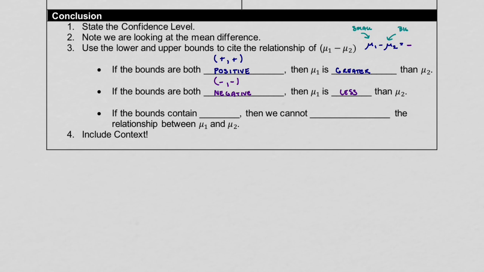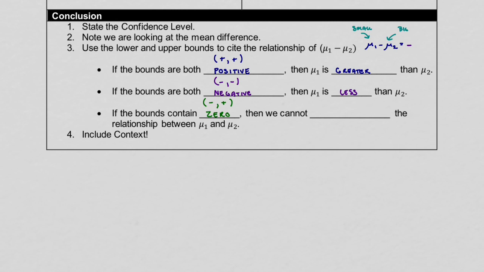And finally, if we are working with a situation where the bounds contain 0, the only way that that's going to happen is if the lower bound is negative and the upper bound is positive. Because again, 0 has to kind of appear there. If you look at a number line, as you're going through the negative numbers, you have to pass through 0 or hit 0 before you can get into the positive numbers.